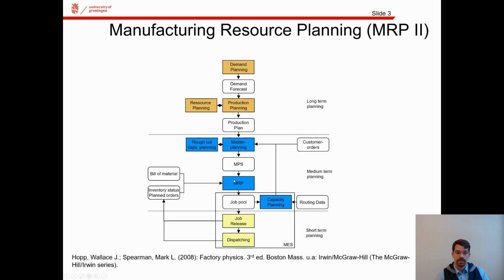And then the MRP approach translates the MPS data into production plans. The outcome of the MRP has the characteristics that you need to know what you are going to produce, when we have to start with our production, when the production has to be ended, and how much of those items we are going to produce. And then finally we have a job pool which can be released into production.